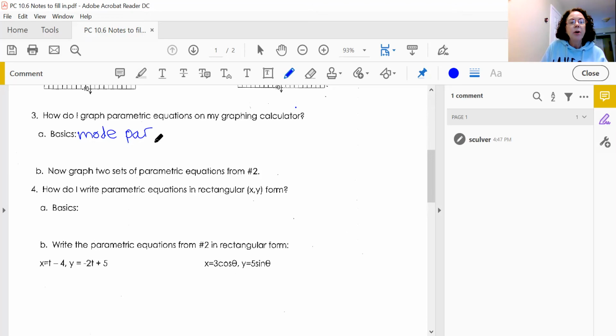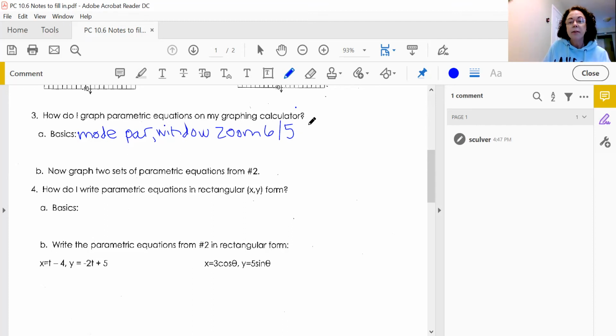When you do your window, you would first do a zoom 6, which is a standard window. But after that, you really want to do a 5, which is square, which gives it a more realistic shape, but often your calculator won't do the 5 before the 6. So you have to do a zoom 6, then a zoom 5, okay?